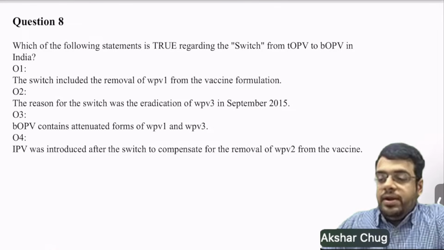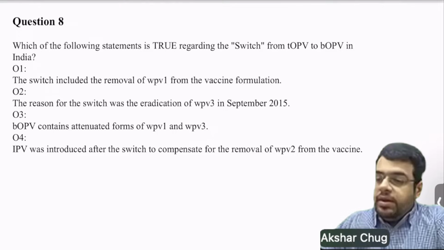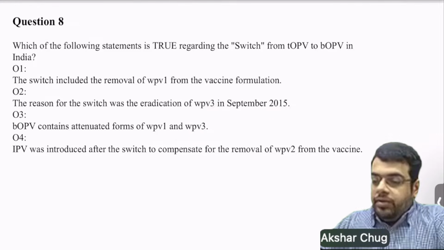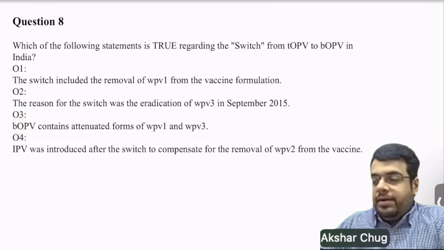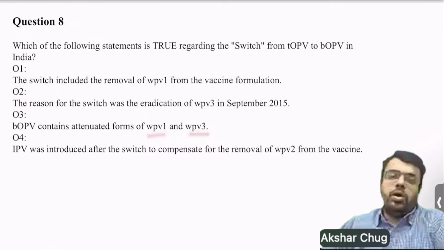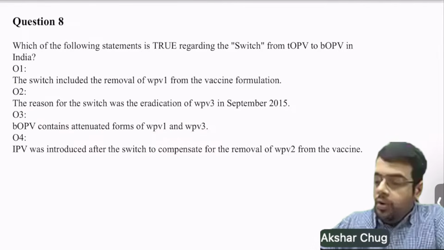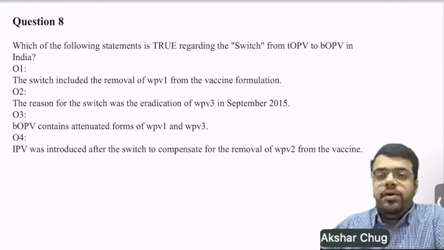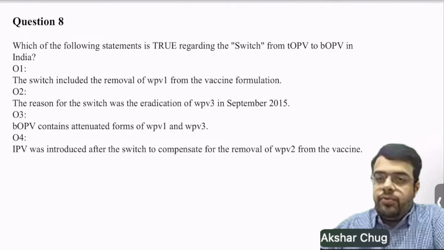No, it is WPV2. The reason for the switch was eradication of WPV3 in September 2015? No, it was WPV2. Bivalent OPV contains 1 and 3 variants and not 2. Also, the IPV was introduced much before the elimination of wild polio virus 2, so that will also be incorrect. So the correct option is option 3.